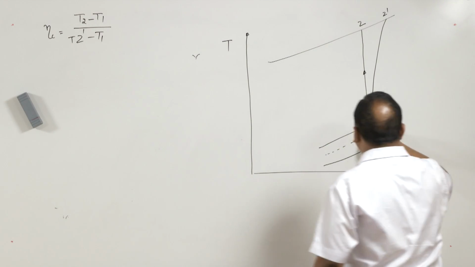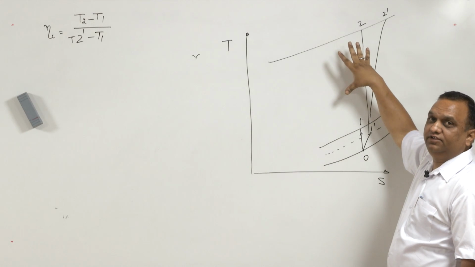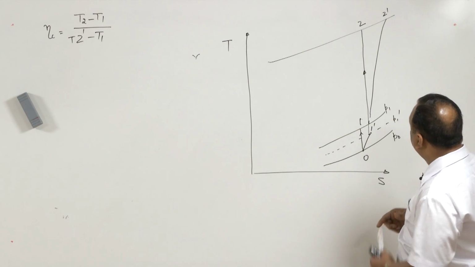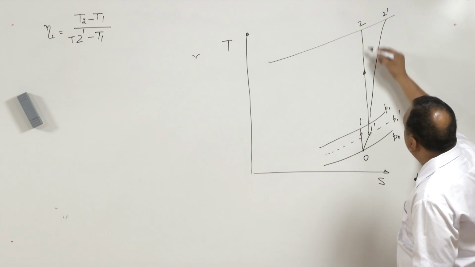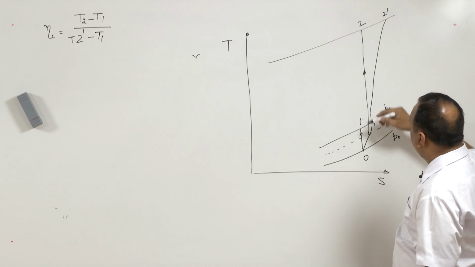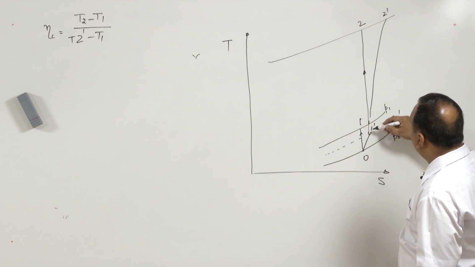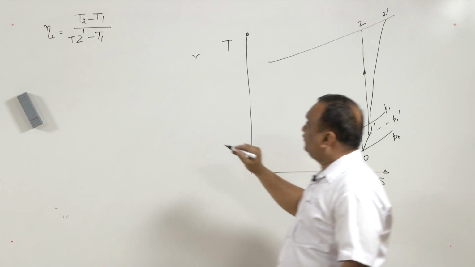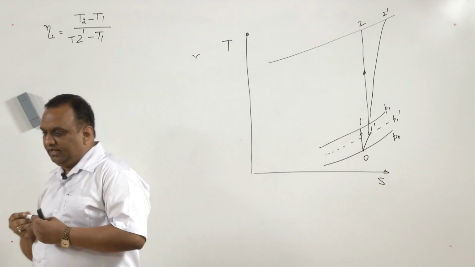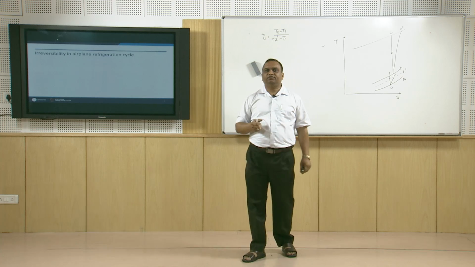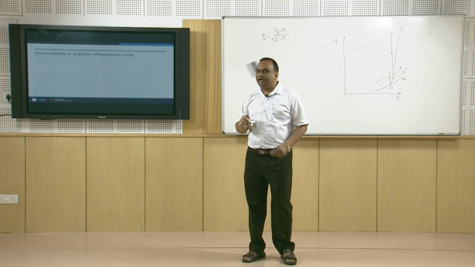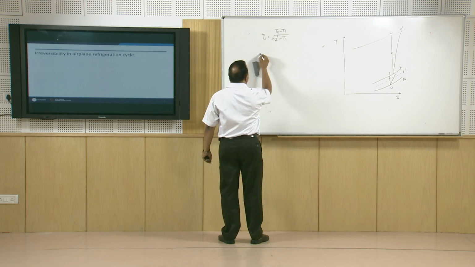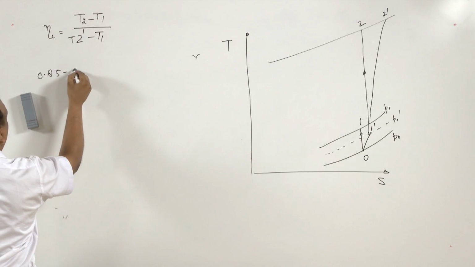Definitely in this process, process 1 to 2, energy consumption is less in comparison to process 1 dash to 2, and in process 1 dash to 2, the energy consumption is less in comparison to the actual process, that is 1 dash to 2 dash. This polytropic efficiency for a rotary compressor is approximately of the order of 90%. It varies in fact, but normally it is between 85 to 90%.